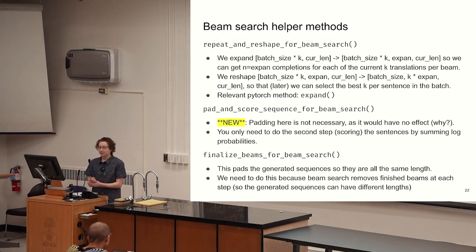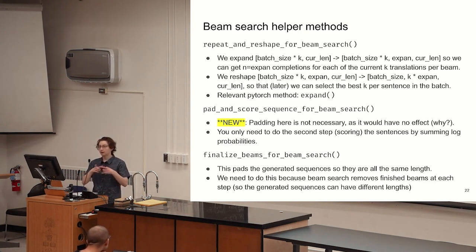And then the very last method is finalizing the beams for the beam search. So why do we need to finalize them? Well, I mentioned before that at each step, we remove the sentences that have been completed. But what that means is that the translations aren't all going to have the same number of tokens.